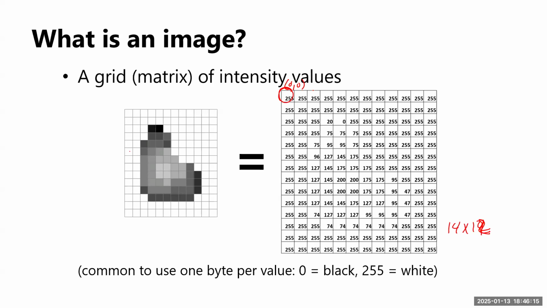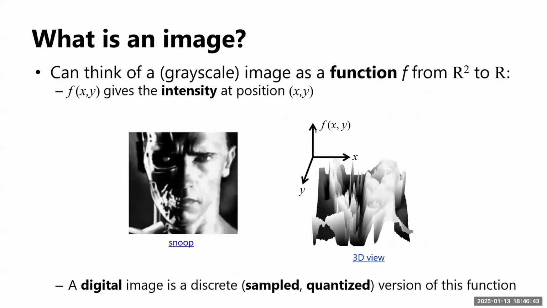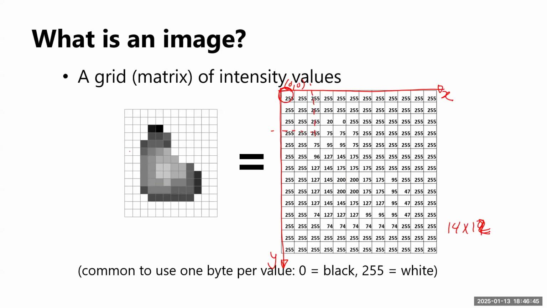So I will assume that this is the x-axis. And this is the y-axis. And this point here is a function of this coordinate point, which means this is a function of 0 and 0. This, as an example, will be a function of 4 and 3.